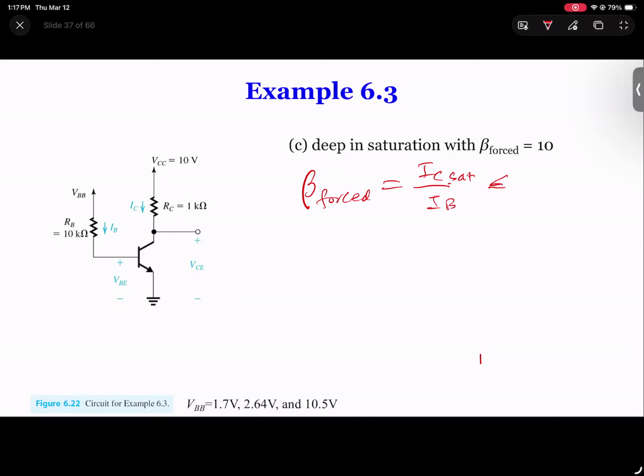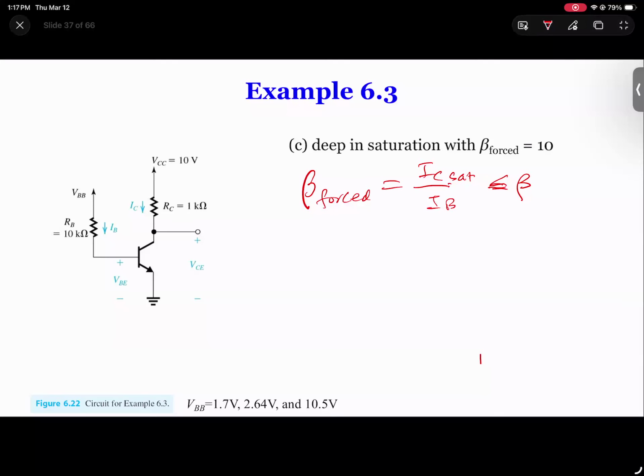And that is typically less than beta. So if beta is 100, beta forced is much less than 100. In this case, the condition that was given is that beta forced is 10.